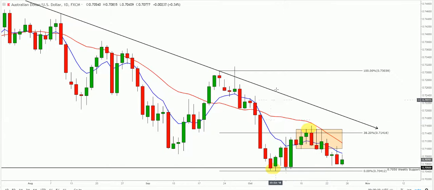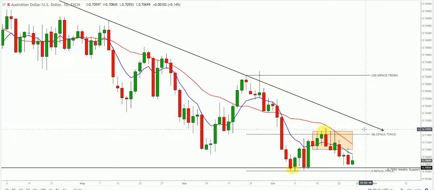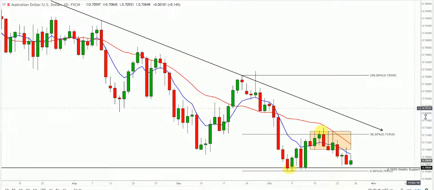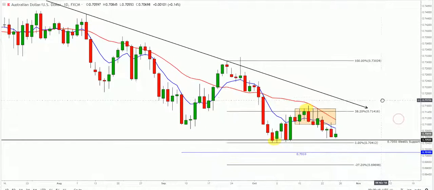Now overall we are in a downtrend with the moving averages pointing towards the downside, so naturally we would be looking at downside targets. My initial downside target following a break of this weekly support level would be 0.7010. Following this, we'd head towards our Fibonacci extension targets.